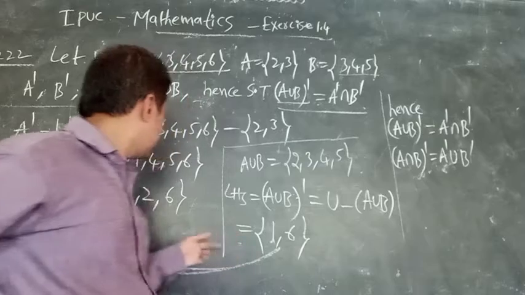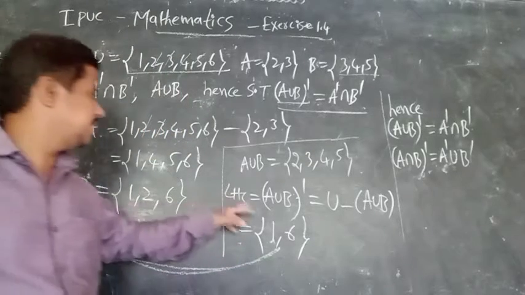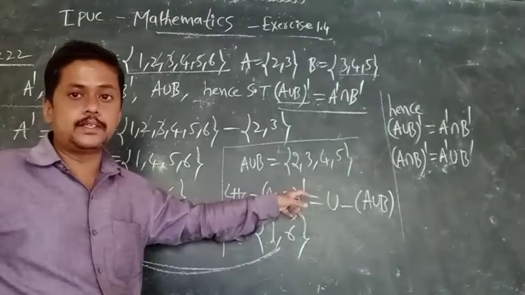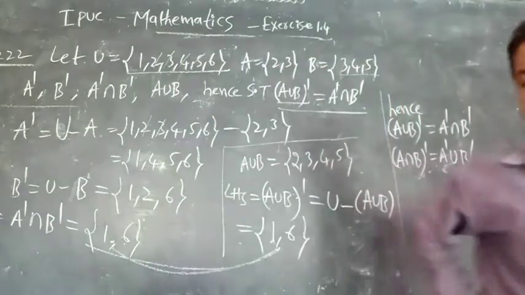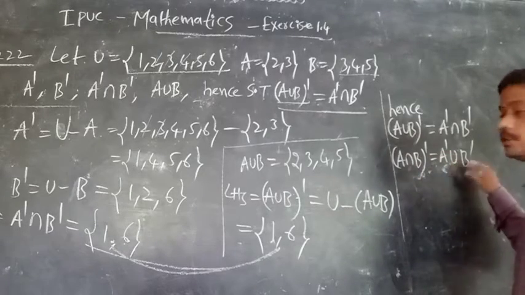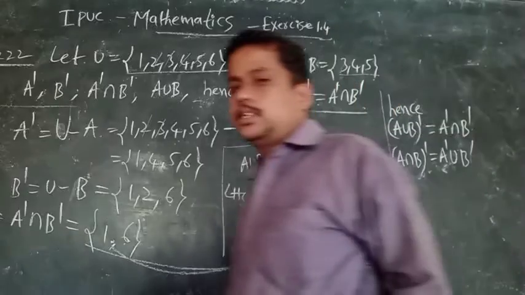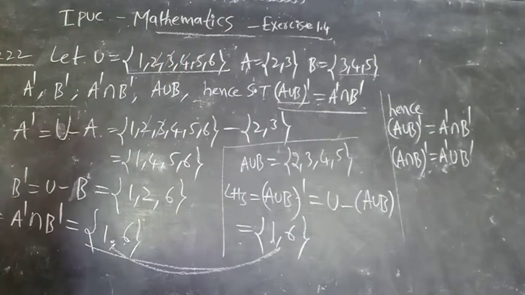A union B whole dash equals A dash intersection B dash, and A intersection B whole dash equals A dash union B dash. Okay na? So these are the 2 properties, and another property is A dash whole dash equals A. Okay, we'll see some other properties also.